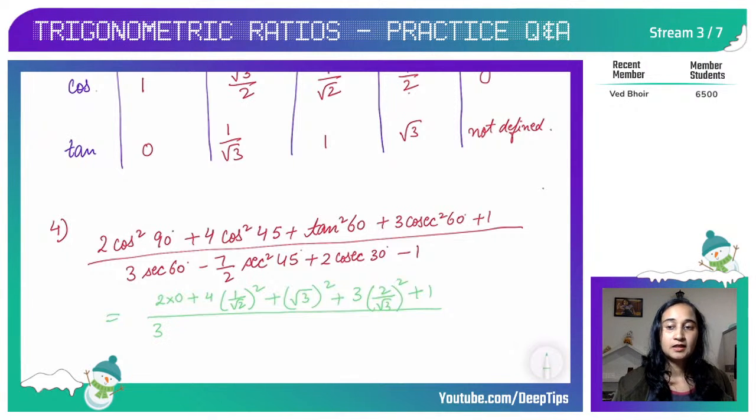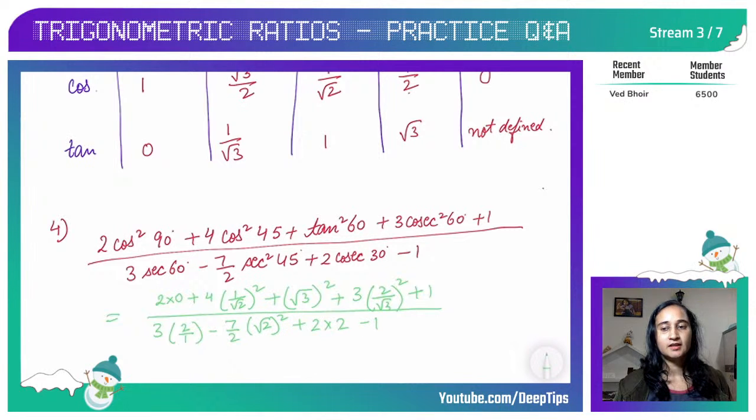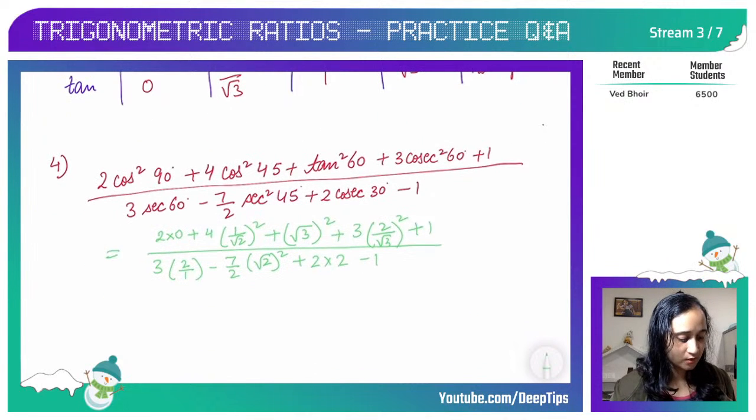I can write its value if I know cos 60. So cos 60 is 1 by 2, so secant 60 will be 2 by 1. Okay, minus 7 by 2 and secant square 45, which equals root 2 whole square, plus 2 into cosecant 30, which is 2 by 1, minus 1, correct? So I have just substituted the values.